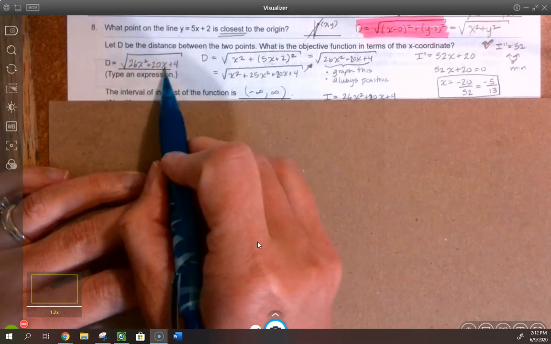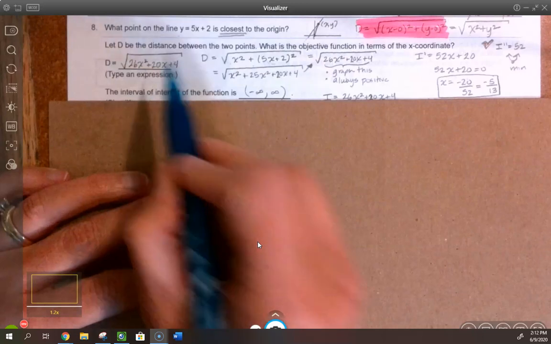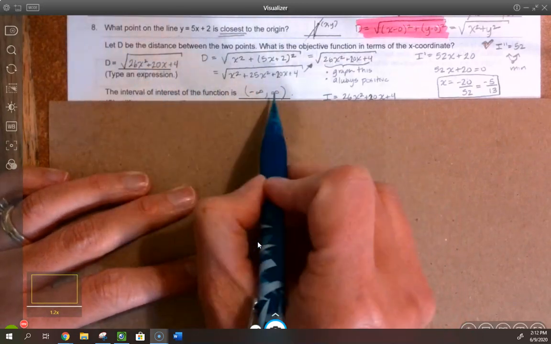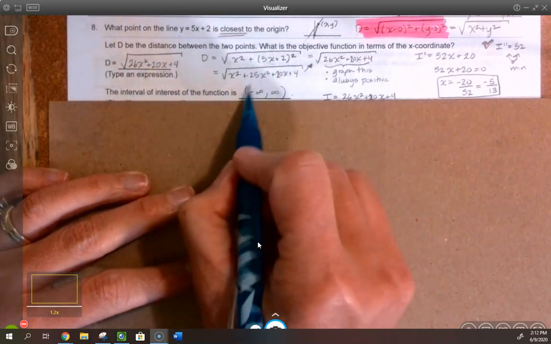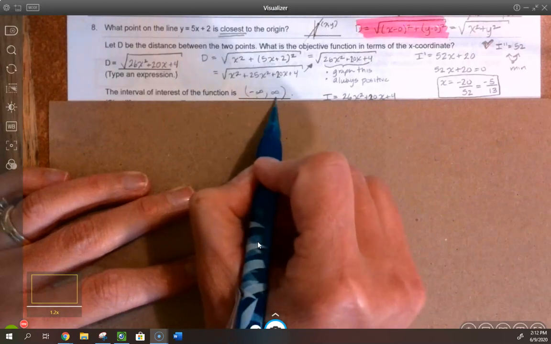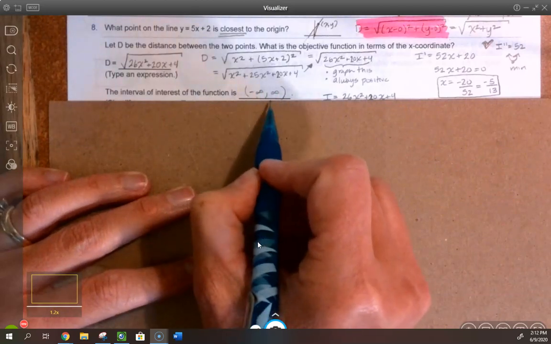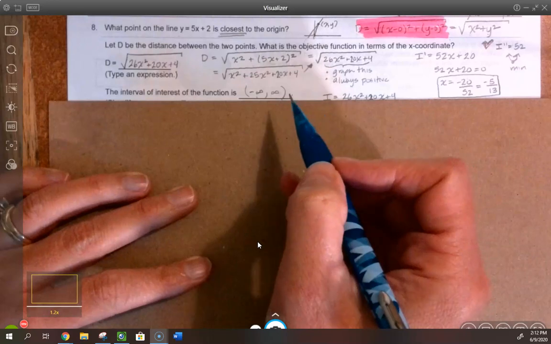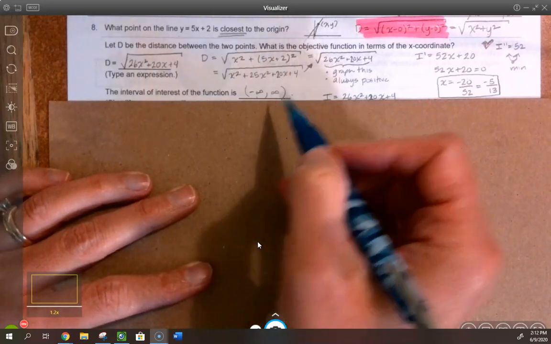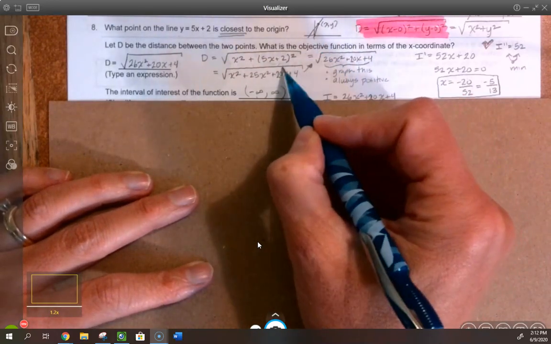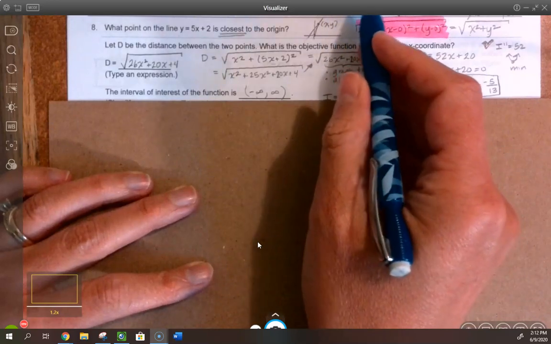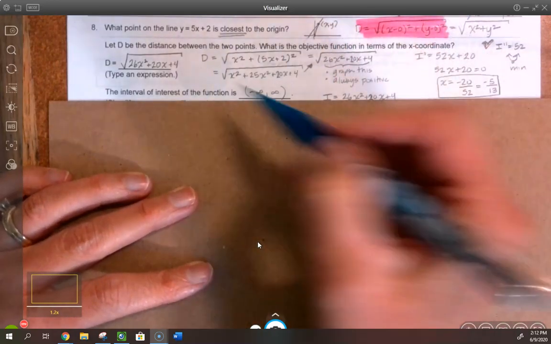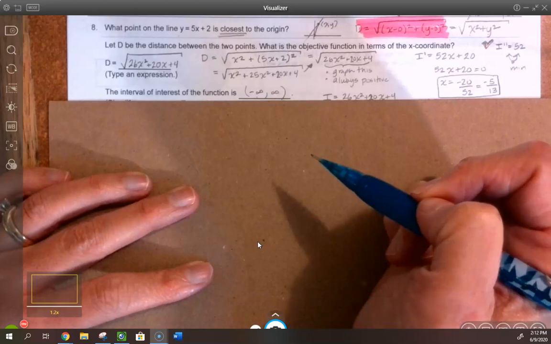So any x value will work. And so this distance can be, we can put in negative infinity to infinity is the interval of interest. Now, do we think it's going to be way far away from here on this line? No. Or way far out here? No. But we could put those values into this expression.